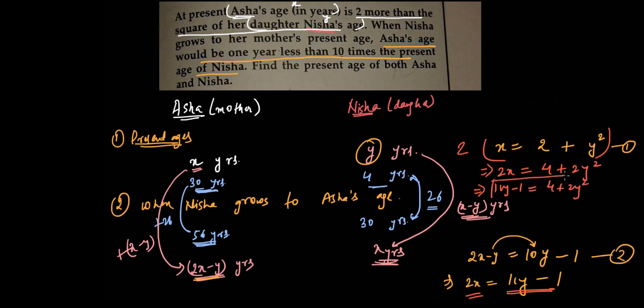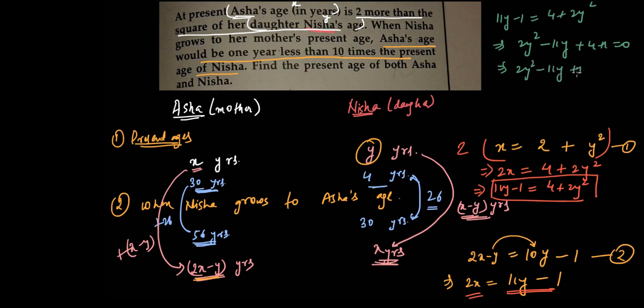Now this is the quadratic that we need to solve. So let us try solving it. I have space here, so I'll be solving it here itself. So I have 11y minus 1 is equal to 4 plus 2y square, which gives me 2y square minus 11y plus 4 plus 1 is equal to 0, which finally gives me 2y square minus 11y plus 5 equals 0.